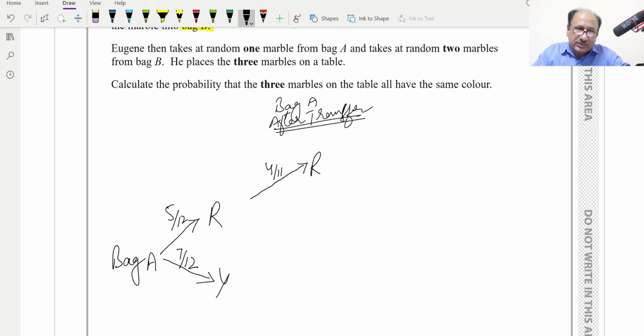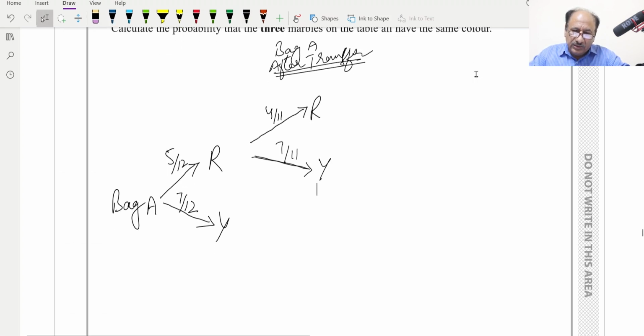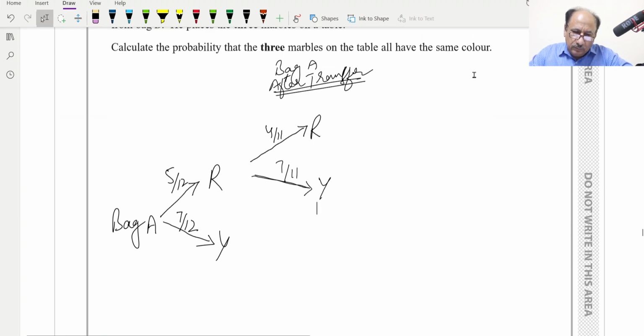So if red is transferred, its probability will be 4 by 11, and if yellow is transferred, if first is transferred red and this is yellow, so its probability will be 7 over 11. So we will write here yellow. And this is like first taken this. So now there can be this situation from red is transferred and yellow is transferred.